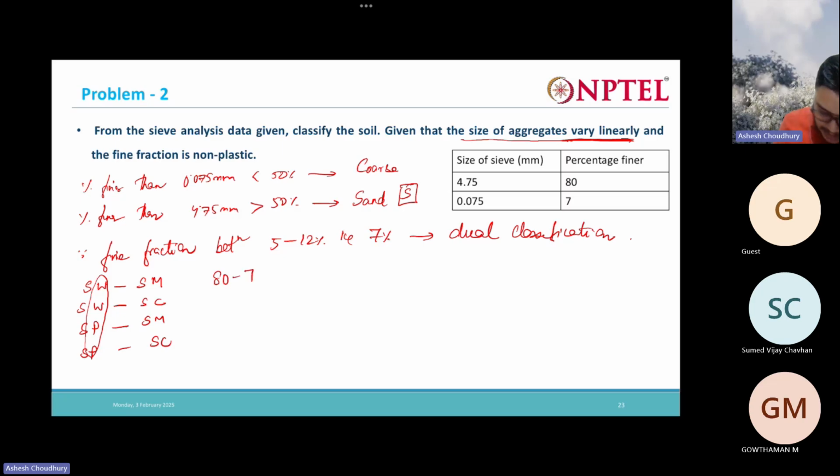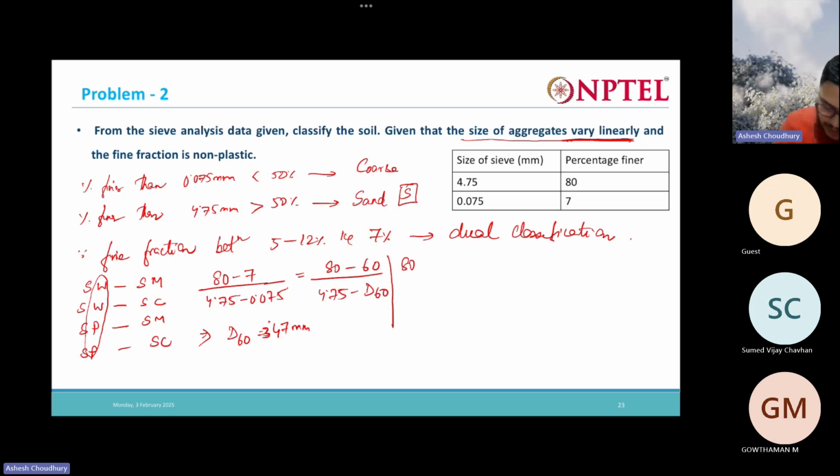So 80 minus 7 by... from here we will get D60 as 3.47 mm. Similarly again we will interpolate for D30, because it's given in the question that the aggregates vary linearly. That's why we are doing this.